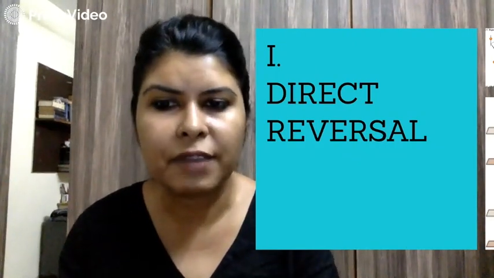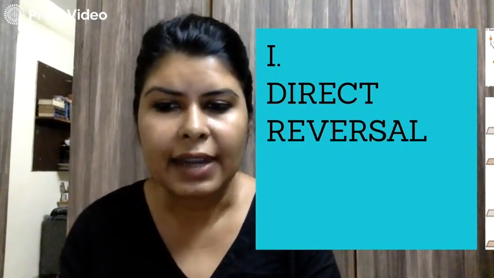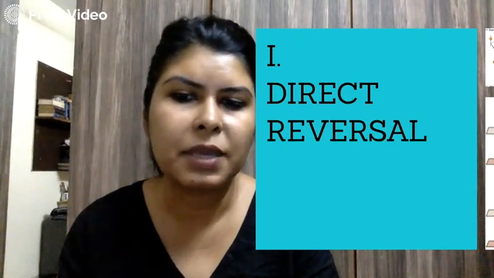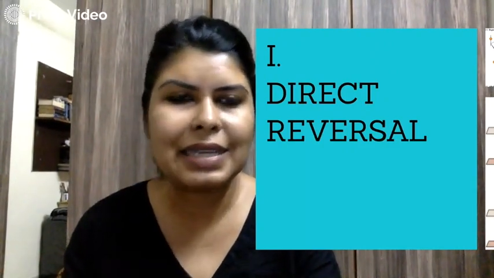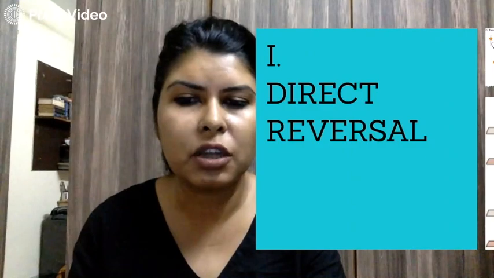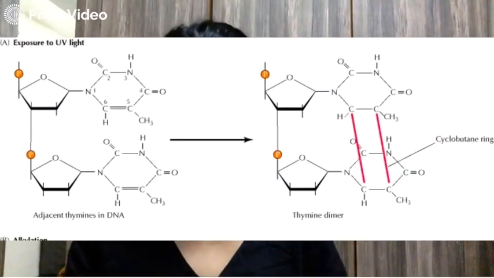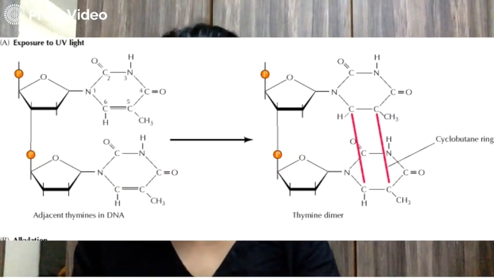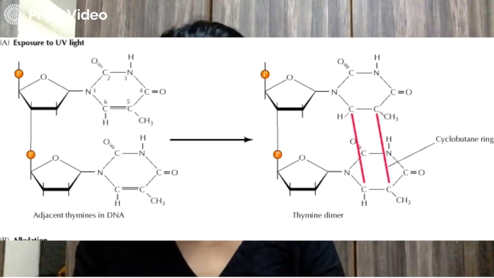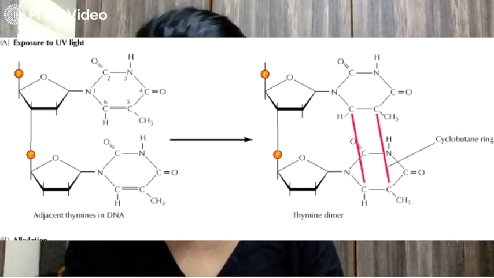Now this is one of the very important mechanisms, and the process by which it is brought about is seen here in the case of the formation of a thymine dimer. Now if you see here, there are two nucleotides present. Both of them contain a T or thymine nitrogenous base.